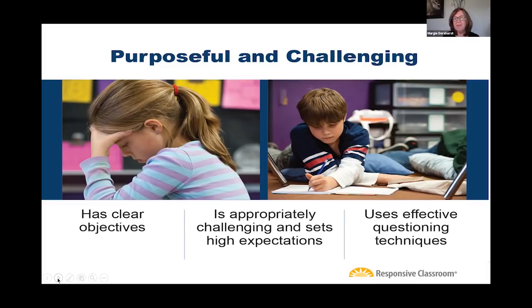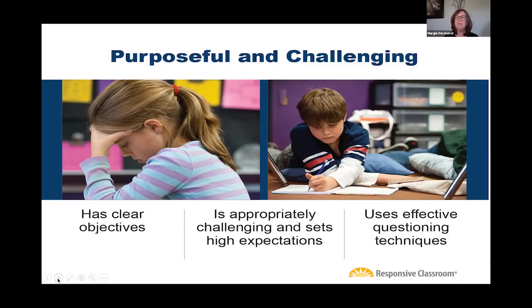And another way for it to be purposeful and challenging is to use effective questioning techniques. If you think of a quality lesson, it has that opening, body, and closing. When we can put open-ended questions at all three parts of that lesson, we engage kids into thinking right away.